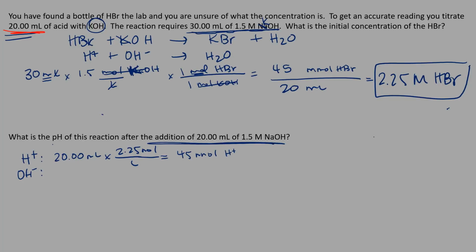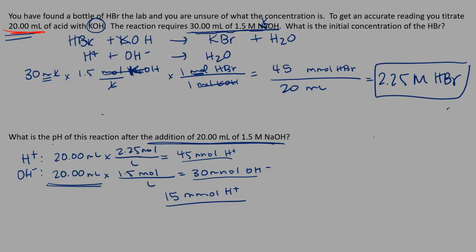And then OH is going to be 20 times 1.5, and so that is 30 millimoles of hydroxide. So that means I have 15 millimoles of H plus in excess because 30 is going to react with this. It's both 1 to 1.